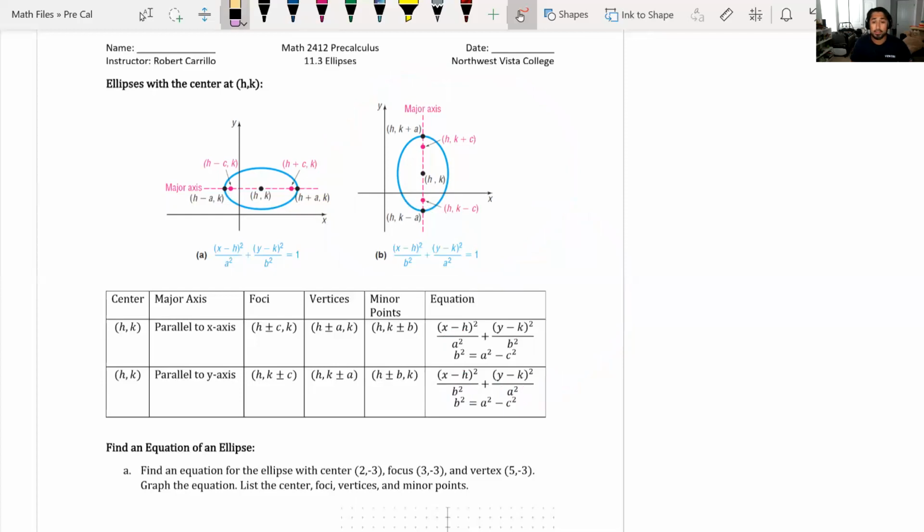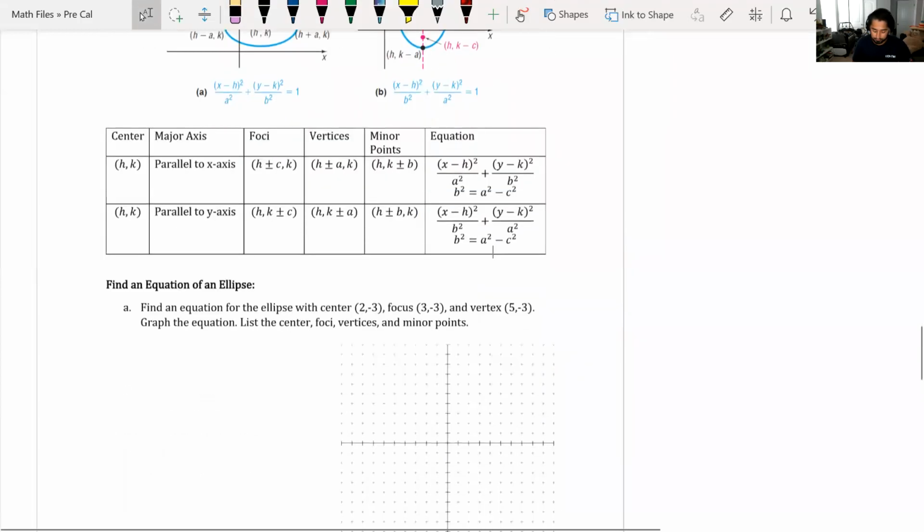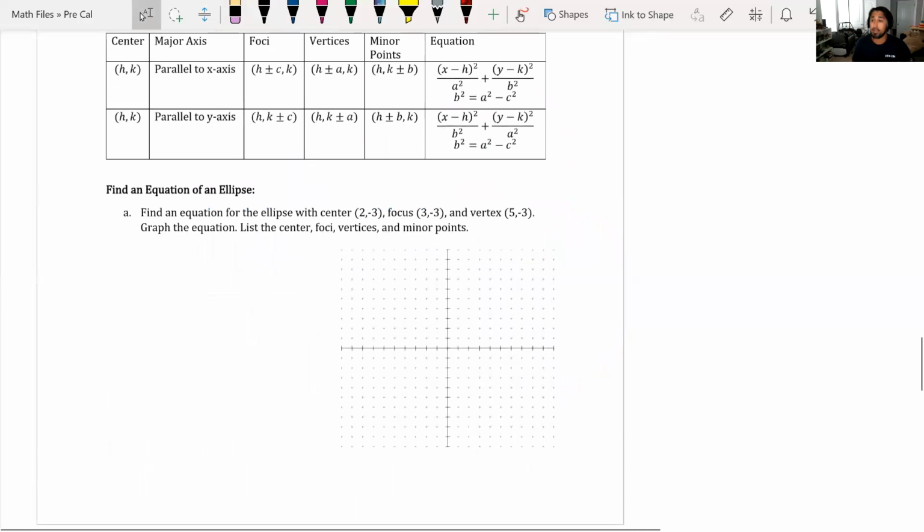All right. So let's try it out. And some of the best ways to figure out what you are parallel to is to graph everything it gives you first. And then that can lead us in the right direction of what equation we can use.